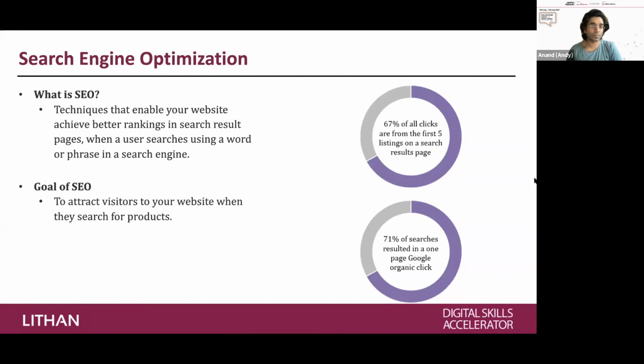So search engine optimization has got its own pros, but the only downside is that it takes generally about 6 months for a website to do a good job in terms of producing, presenting and distributing the content on different media. So it's a little bit slow, but it's got its own benefits.